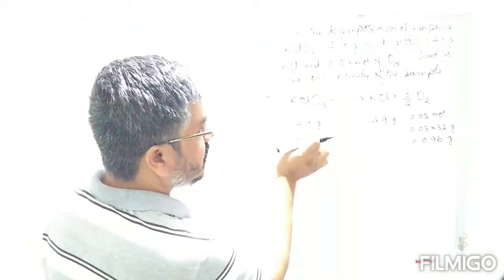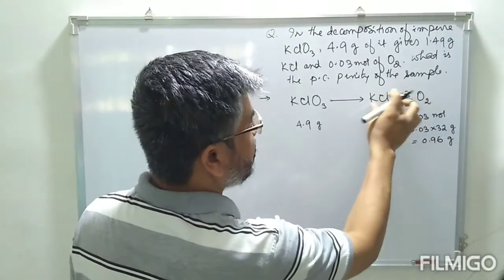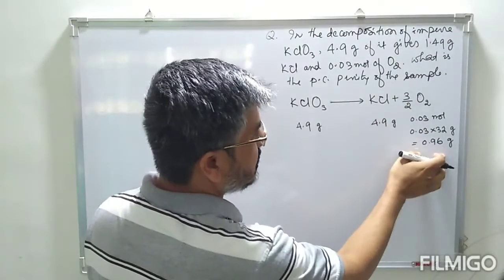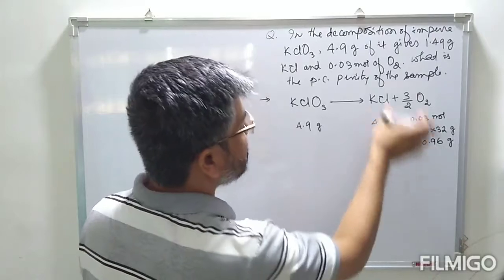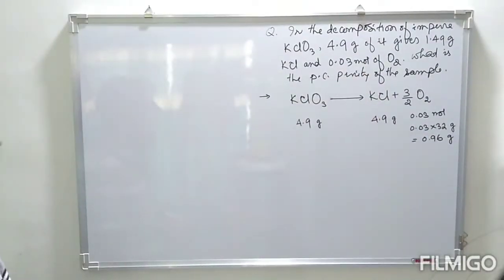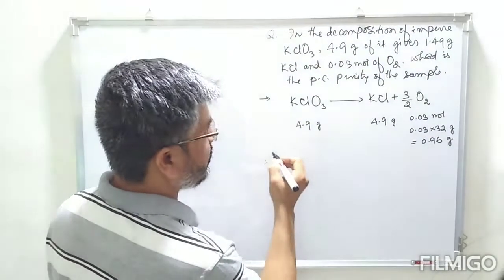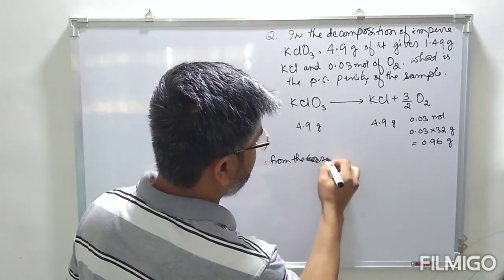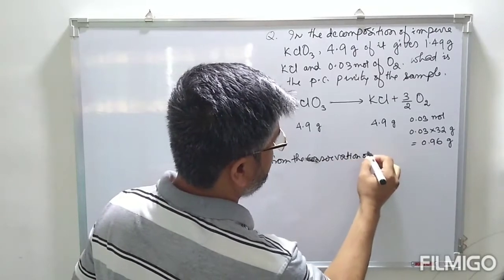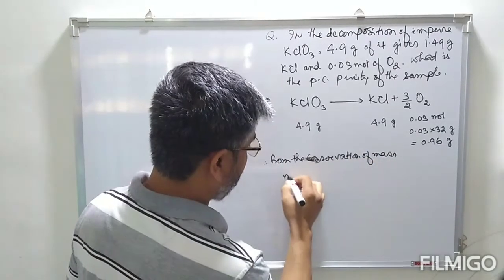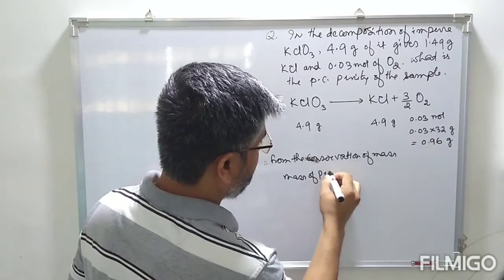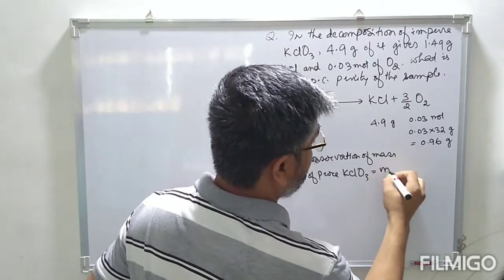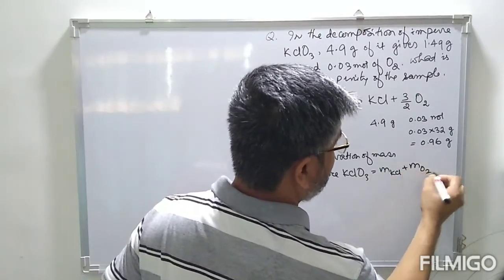So look at this. This is impure sample, but KCl and oxygen is coming from pure KClO3. Now, since the mass of the products formed is given, that means there must be conservation of the mass. Therefore, from the conservation of mass, the mass of pure KClO3 should be equal to mass of KCl plus mass of oxygen formed.